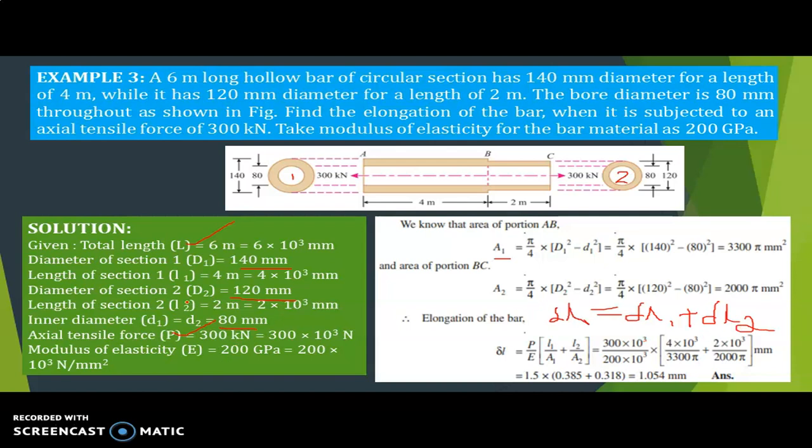P and E are common here. P is 300 into 10 raised to 3 and E is 200 into 10 raised to 3. You can keep this outside and substitute L1 and A1 and L2 and A2. When you simplify this, you will get the answer.